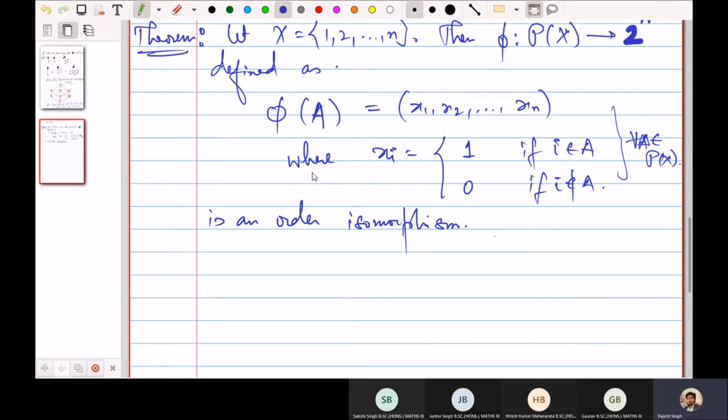The other thing, first, is why phi is well defined. We have already seen this is an n-tuple with entries 0 and 1, so this belongs to 2 to the power n, so the element is in the codomain. Since we defined it this way, it is uniquely defined: every entry is fixed, either 1 or 0, depending on whether i belongs to A or not.